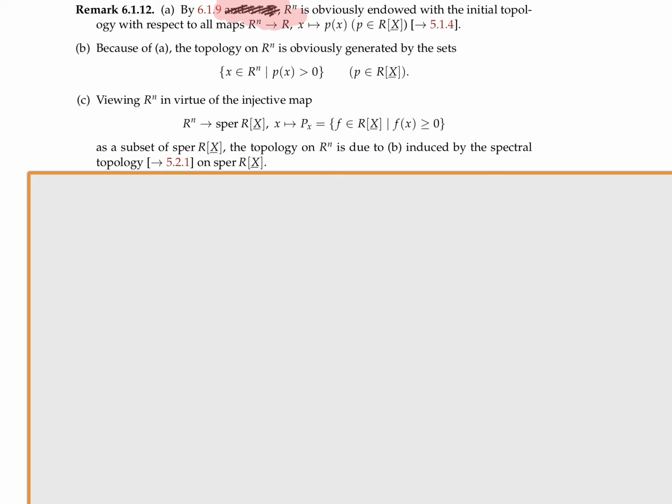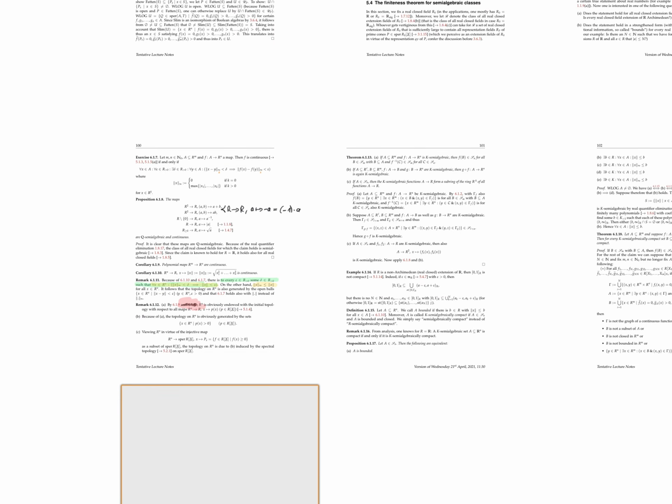Now we want to speak about some basic operations that preserve semi-algebraicity, actually K-semi-algebraicity, and that's the next theorem.